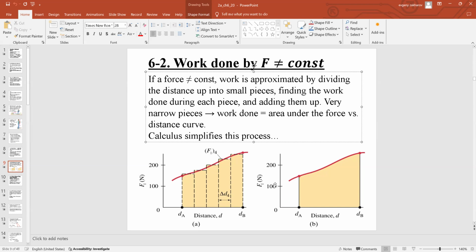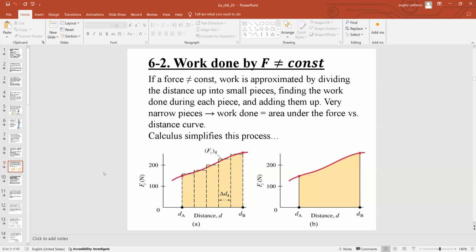So force is your function, distance d is your variable, and whatever the function is, the area below is what we call work. The antiderivative of force dot displacement, that's the calculus definition.